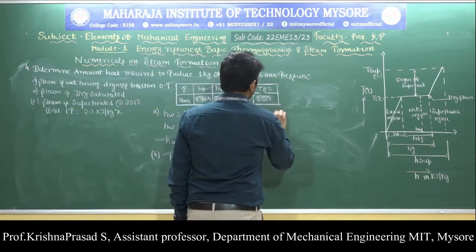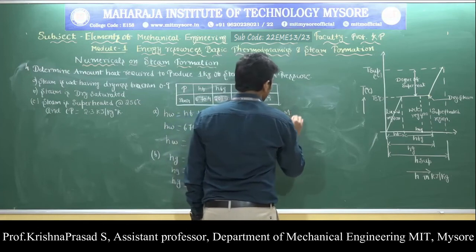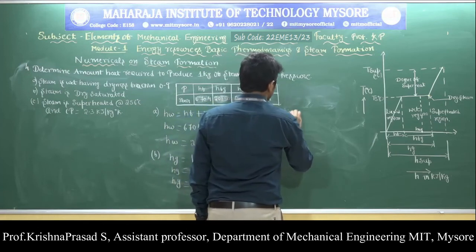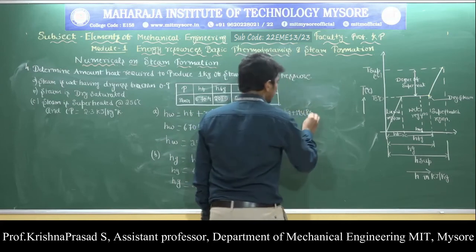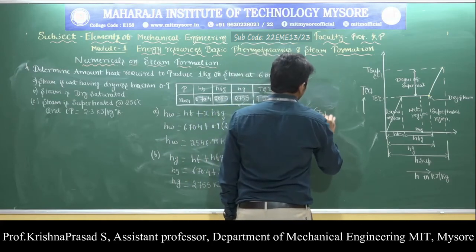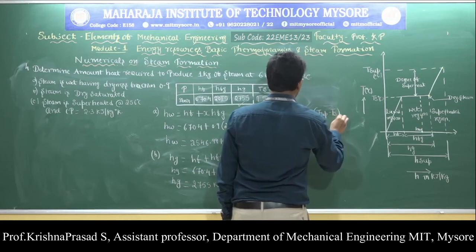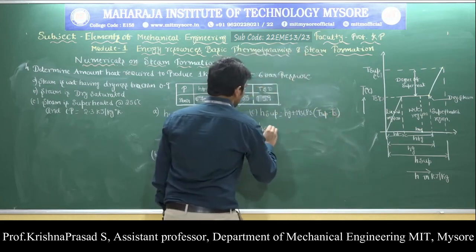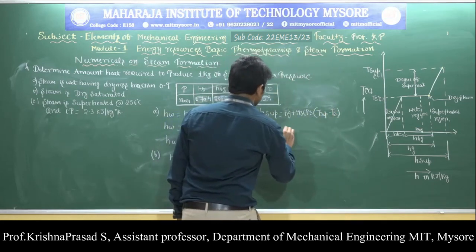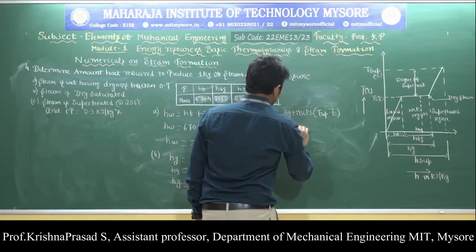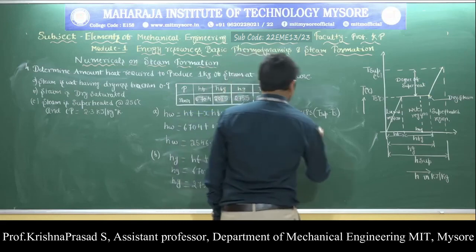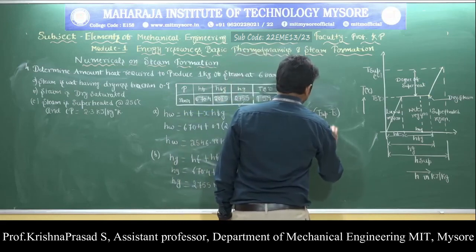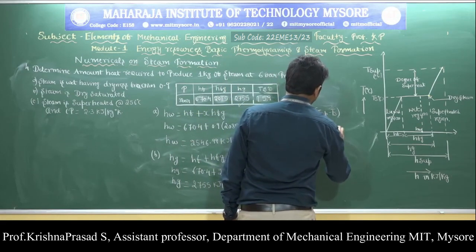For the enthalpy of superheated steam, the formula is equal to Hg plus mass of steam into specific heat into Tsup minus Ts. Substituting the values: Hg is equal to 2755, mass of steam 1 kg, specific heat 2.3, Tsup 256, and Ts 159.